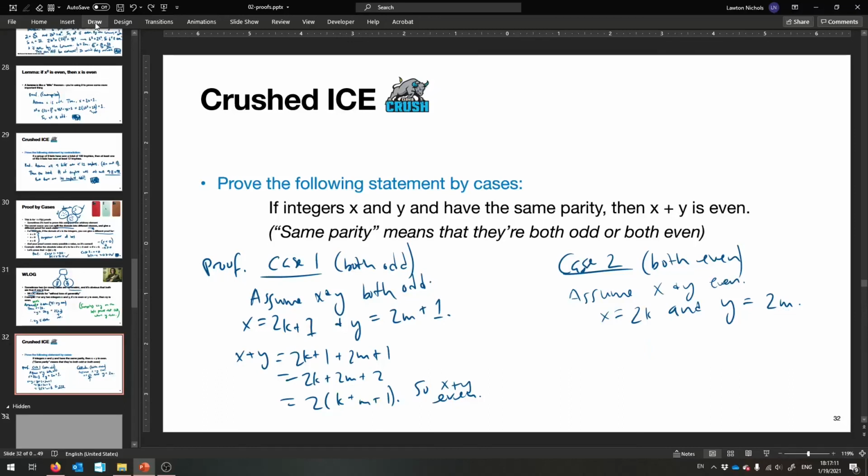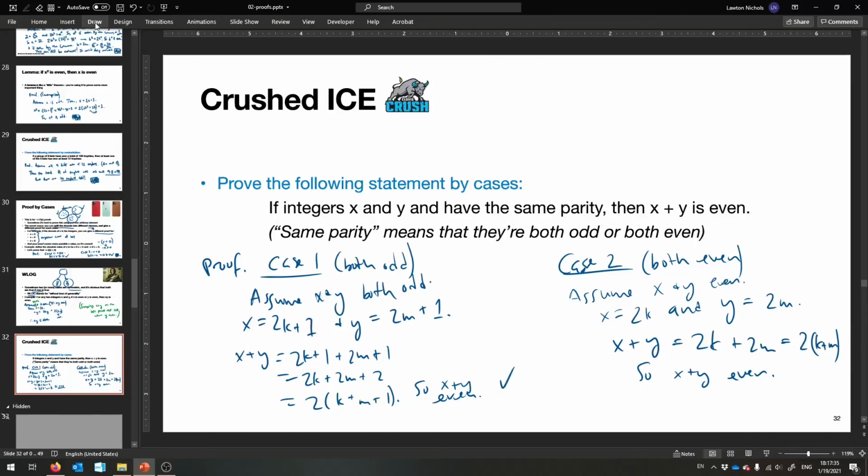It needs to be a different one each time you undo an evenness definition. So x equals 2 times k and y equals 2 times m, and so it's pretty easy to see that x plus y equals 2k plus 2m equals 2 times (k plus m). Okay, and so that's an integer, and so x plus y is even in that case.